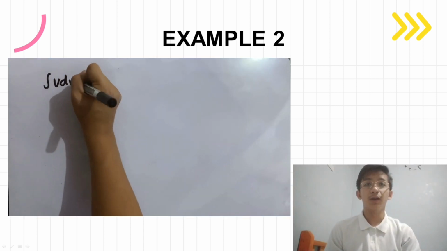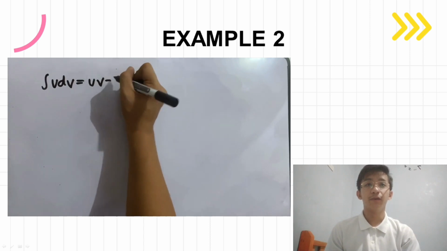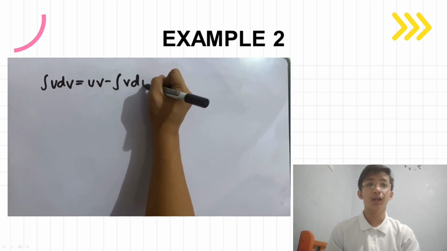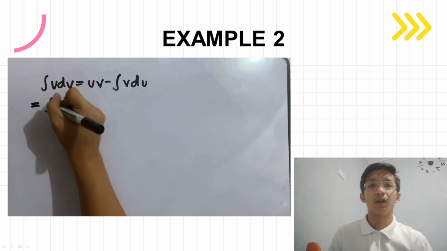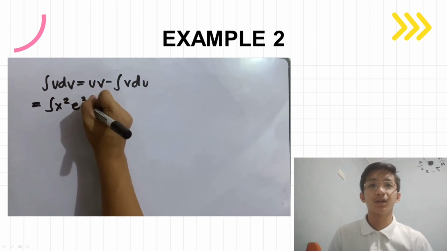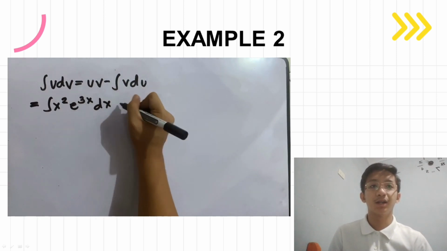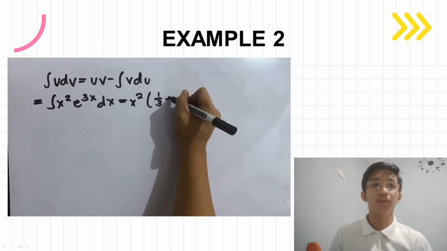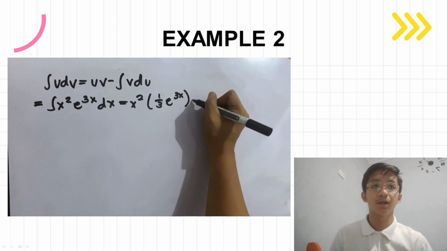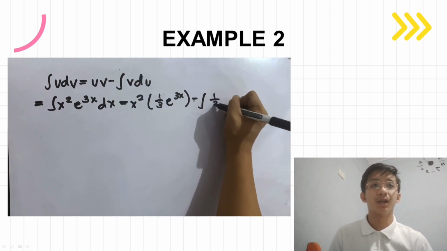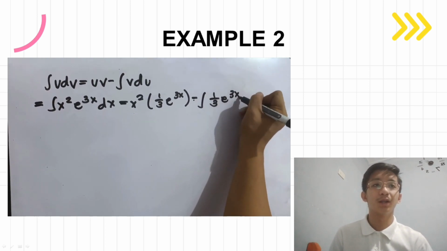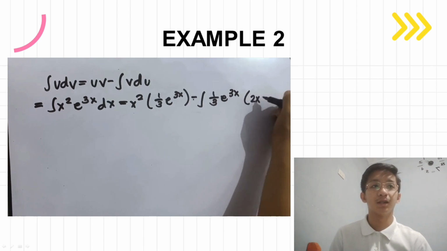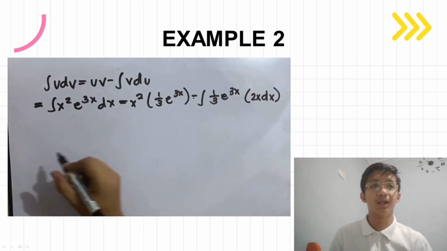Integral of u dv equals uv minus integral of v du, so integral of x squared e^(3x) dx equals x squared times 1/3 e^(3x) minus integral of 1/3 e^(3x) times 2x dx.